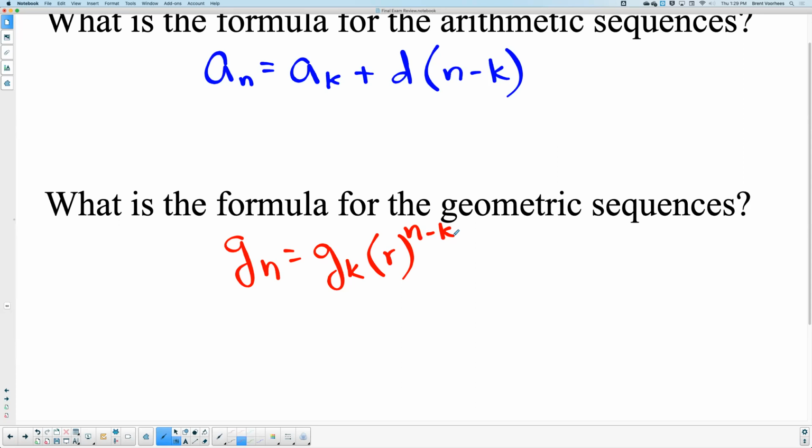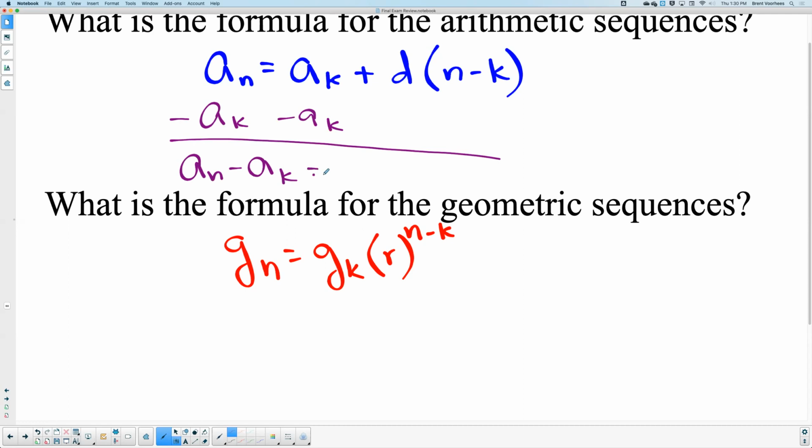So for example, if I gave you two terms and I wanted to know the common difference, just manipulate the formula. If you wanted the common difference, how would you get rid of the a_k over here? Subtract. So if you subtracted a_k from both sides, a_n minus a_k will equal the common difference times (n minus k) terms.